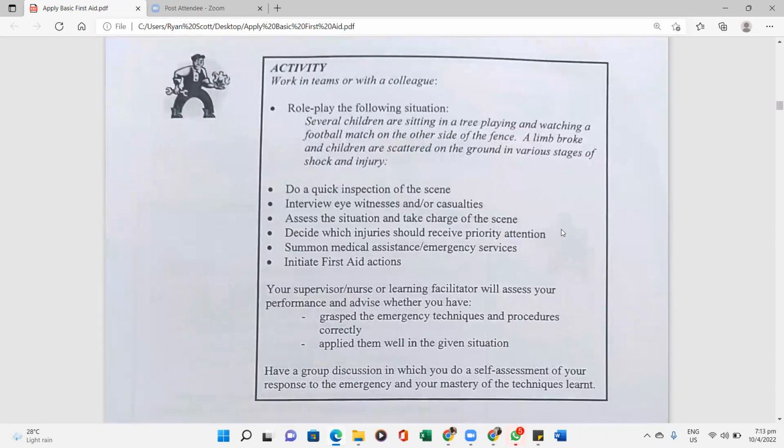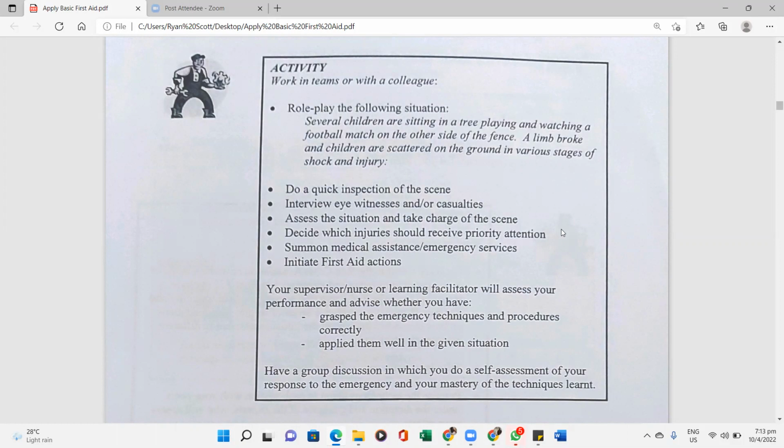All right, stop. This is role play the following situation. Several children are sitting in a tree playing and watching a football match on the other side of the fence. A limb broke and children are scattered on the ground in various stages of shock and injury.